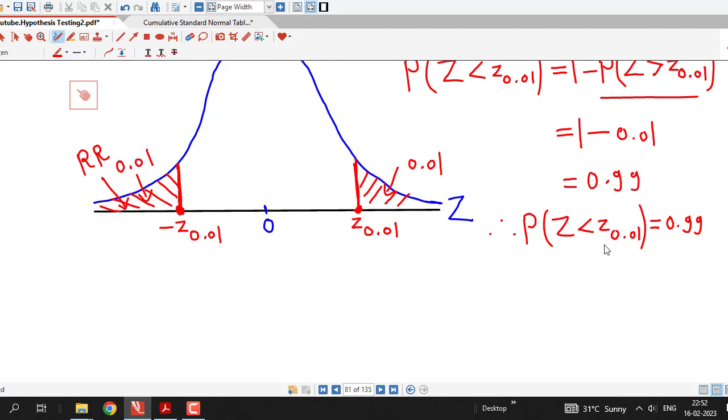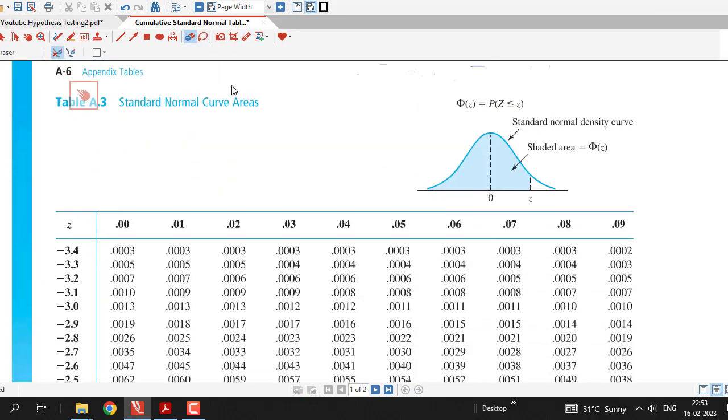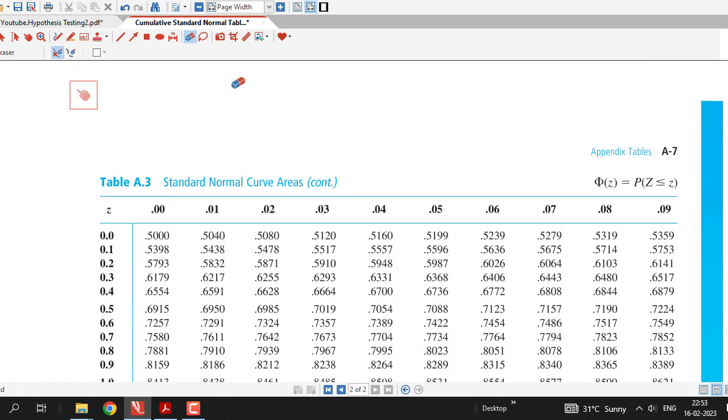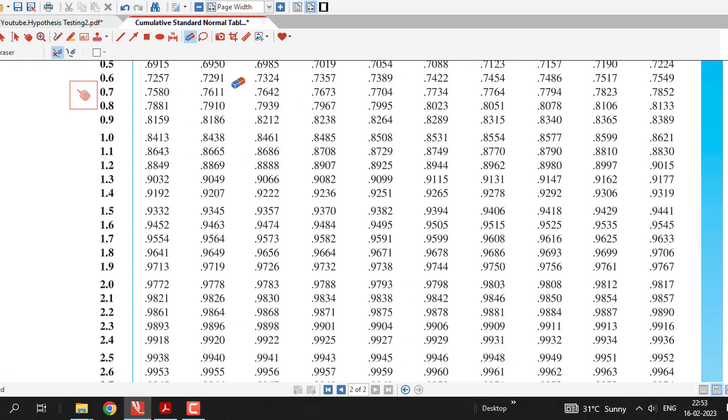So in the table of standard normal probability, we have to search for 0.99 area, and find the corresponding value of Z, which we have denoted by z suffix 0.01. So I am going in the cumulative standard normal probability table, and I am searching for 0.99 area in this table. Here somewhere we can find 0.99. This is 0.9918. We are interested in 0.99.